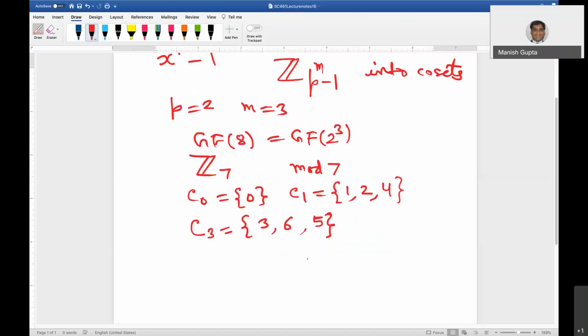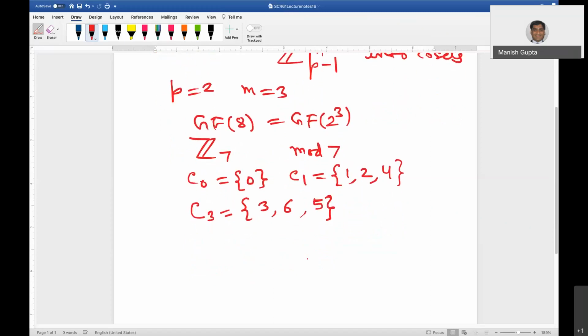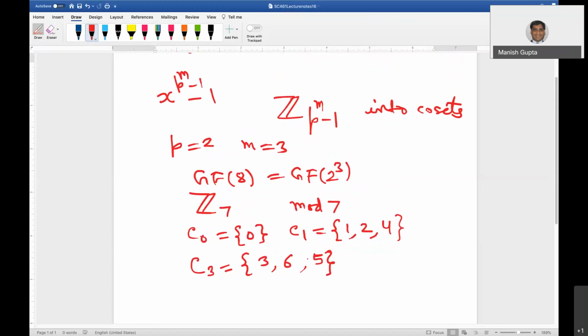Now basically we want to factor x^(p^m − 1) − 1. In our case, we want to factor x^7 − 1. How do we factor this? First we need to look at the cyclotomic cosets. There are 3 of them.